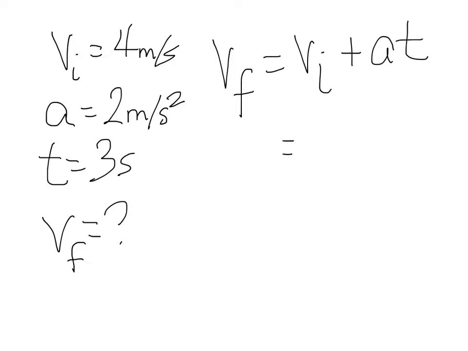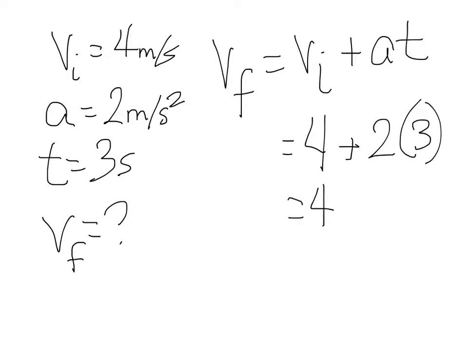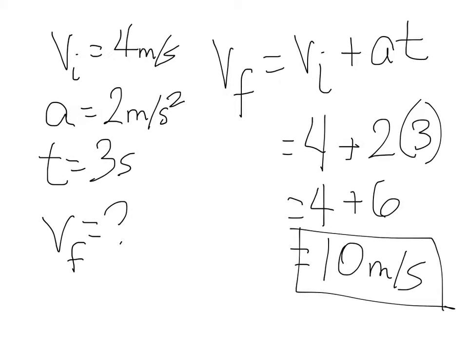So we know initial velocity is 4, acceleration is 2, and time is 3. So that's 4 plus 2 times 3, which is 6. So that's 4 plus 6, or 10 meters per second. So final velocity is 10 meters per second.